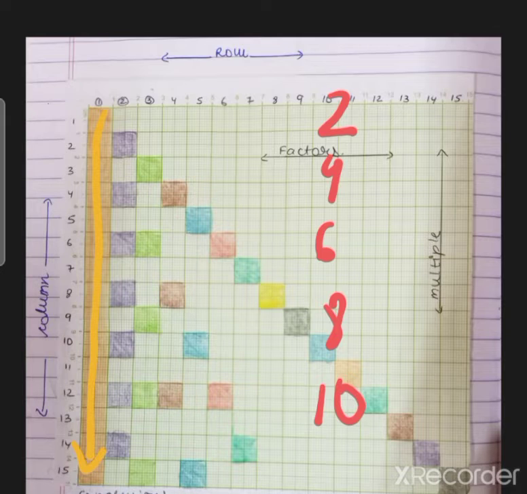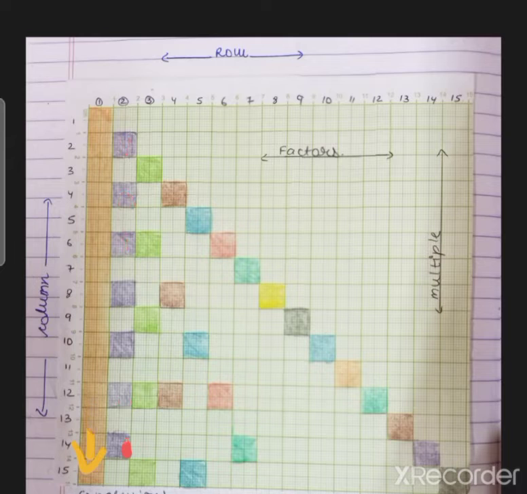Now see, the second I have colored, the fourth block I have covered, the sixth box I have covered, 8, 10, 12 and 14. So whatever tables there are in this 15 by 15, basically we are covering them. So let's see the third one.